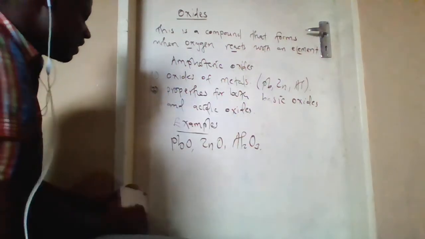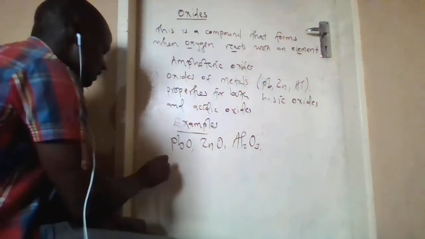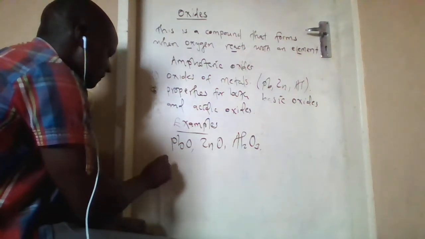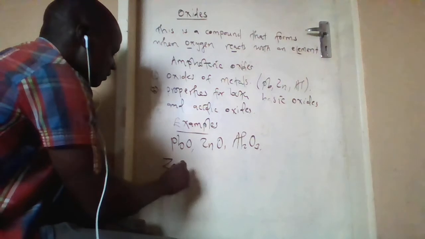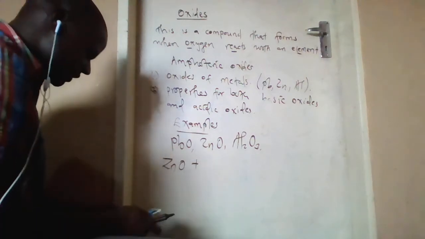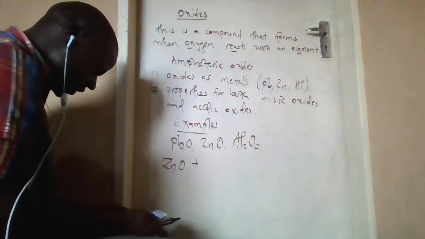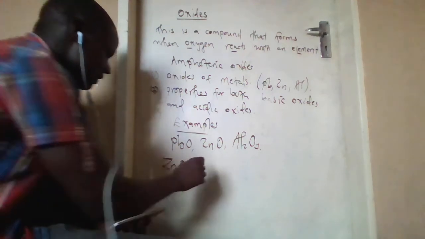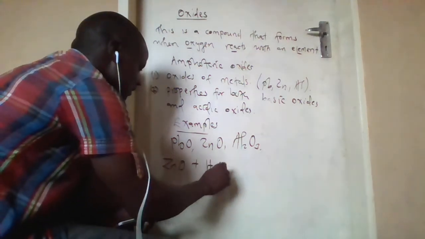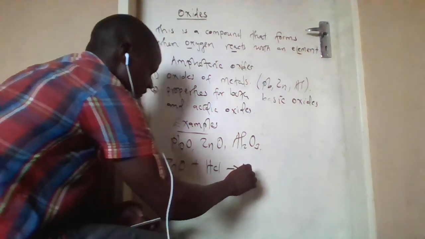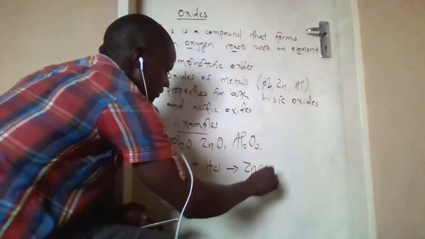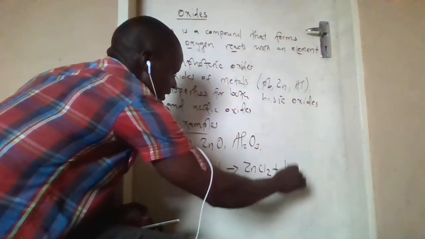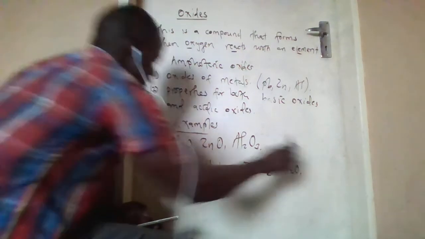Let's see how we can do that. If you get zinc oxide plus an acid, what acid can we use? Zinc oxide plus an acid, which is HCl, we are going to have zinc chloride, ZnCl2, plus H2O.